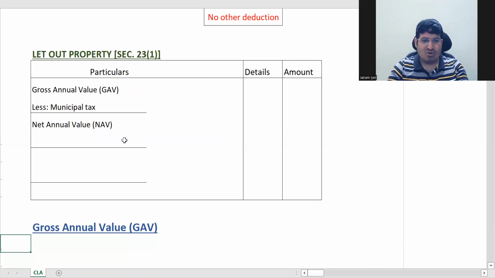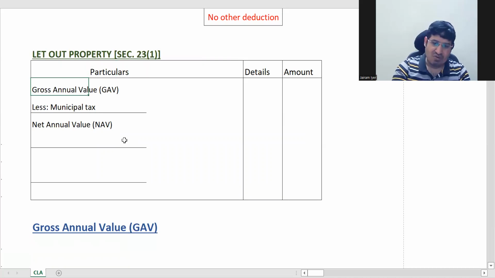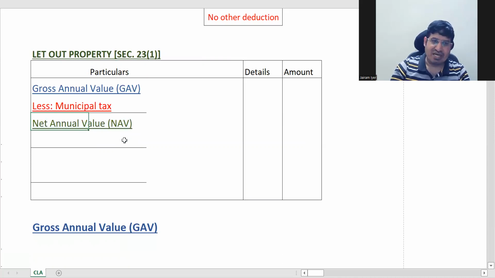Now I only want to show you one thing, which is how let out property income is computed. Particulars: first you have gross annual value. Gross annual value less municipal tax will give you net annual value.